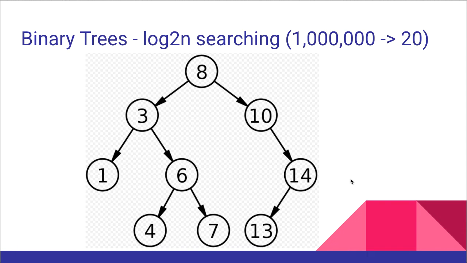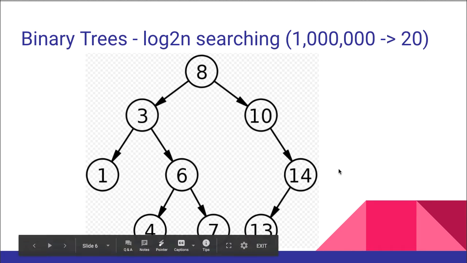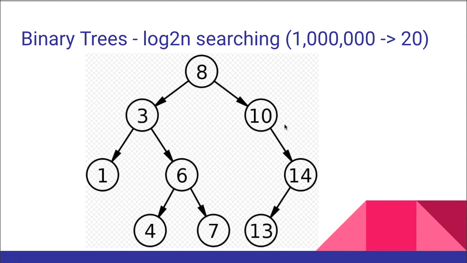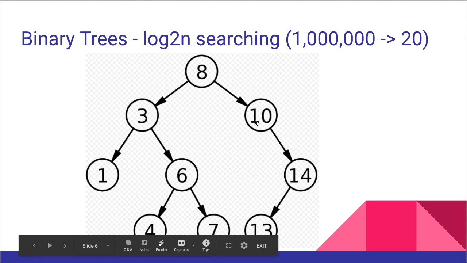I don't want to just push all of it down to the right-hand side, because if I keep doing that, I'm just going to end up with one long chain, 9, 9.1, 9.2, 9.3, 9.4. It's just going to be a linear search again. So once I insert a number 9 here, I have to look at all this data over here and decide whether it needs to be rearranged.